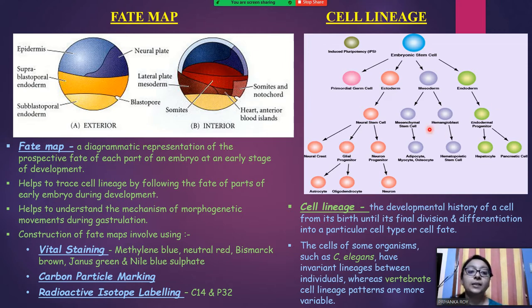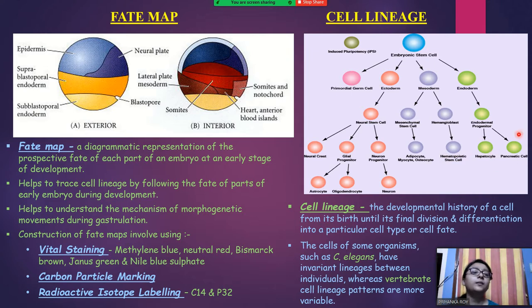So what is cell lineage? Cell lineage is basically the history of a cell: what was its origin, what stages it went through, and what is the final fate it has become. From here you can see that it was a stem cell, and from it different germ layers have formed, from different germ layers different subclasses of stem cells have formed, and then different progenitor cells, and from there the final cells like astrocytes, neurons, hepatocytes.